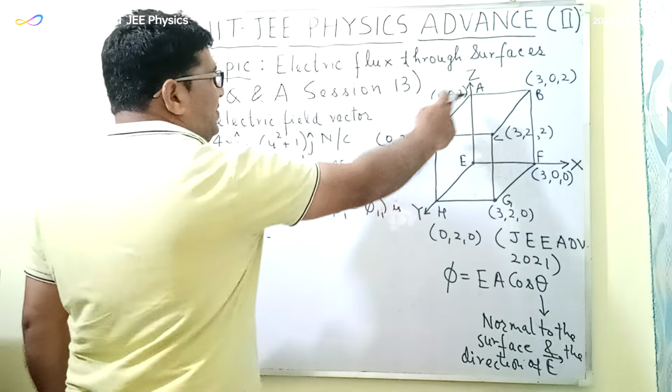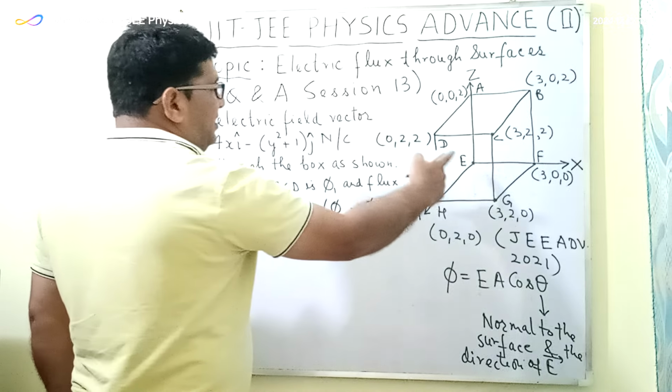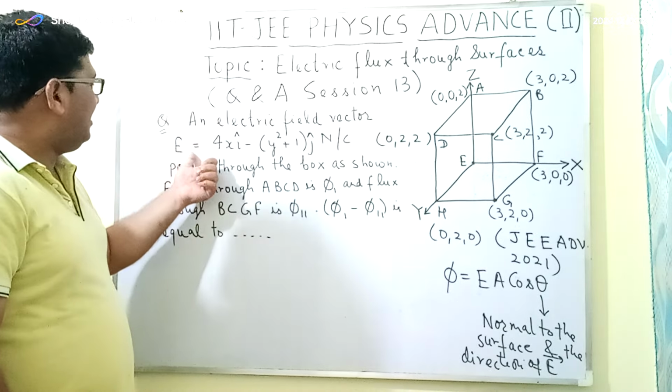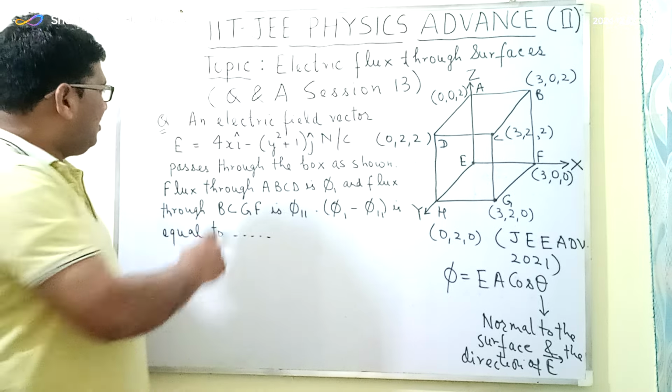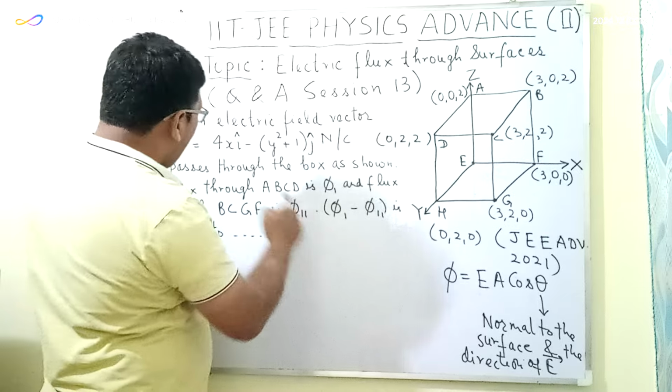So let us first of all find the value of phi 1, that is the flux through ABCD. Here from this equation we can see that the electric field has got two components. One component is directed along the positive x-axis and it is equal to 4x.